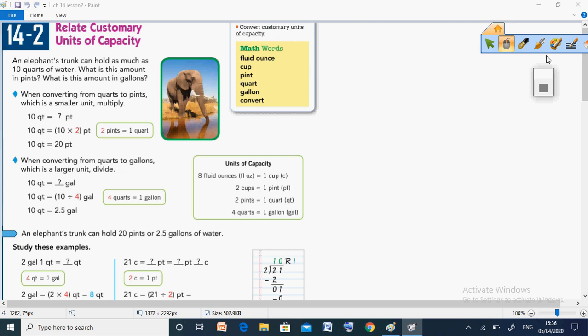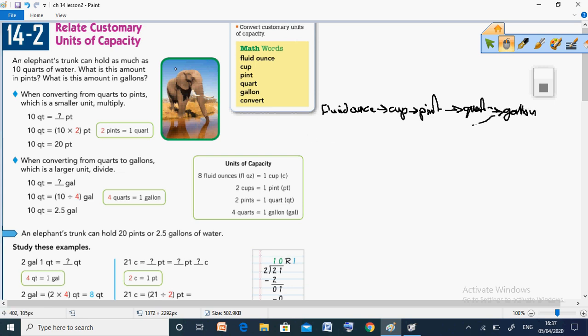I have to keep in mind that if I want to convert between the units here, I have to sort them from smaller to larger. So the first one is fluid ounce, then cup, then pint, then quart, and the greatest one is gallon.